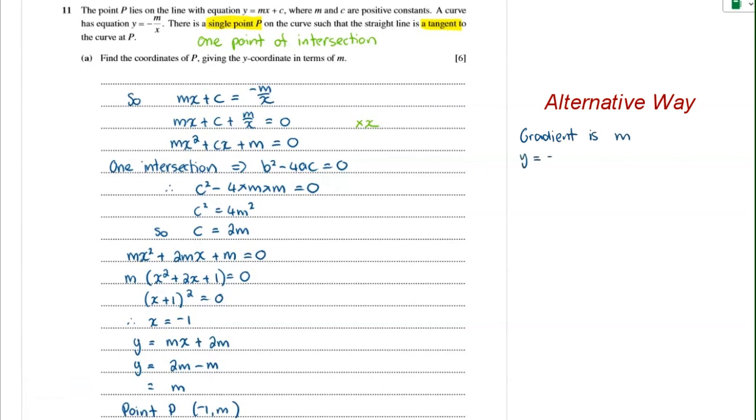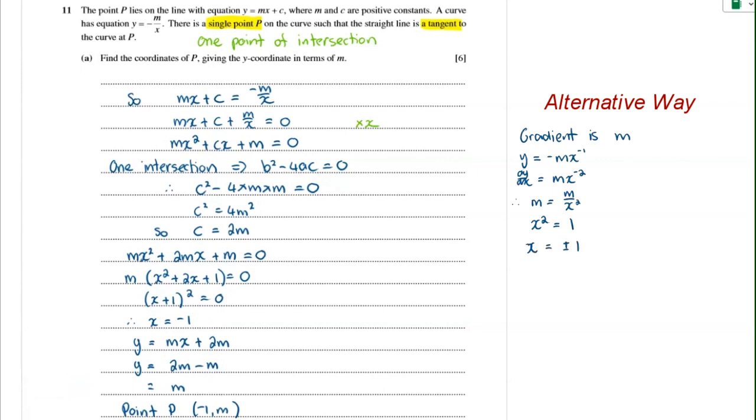And the function is negative m times x to the minus 1. When we do the differentiation, we get mx to the minus 2 because the negative 1 came down and made the negative a positive. And so when the gradient is m, we have m is equal to m over x squared. x squared comes up, m goes down, m divided by m is 1, so x squared is 1 and x is plus or minus 1.